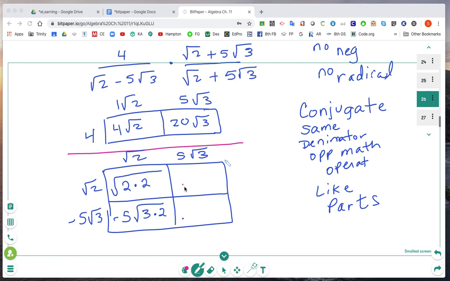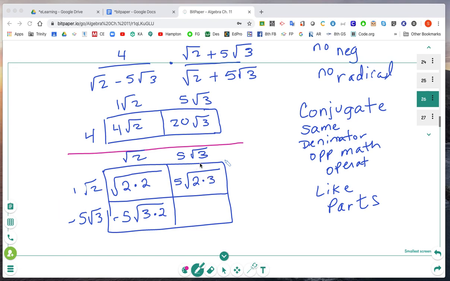Now I'm going to come up here. I'm going to take the 5 times the 1. Remember, there's a 1 here. I'm going to take 5 times 1, which is 5, times the square root of 2 times 3.